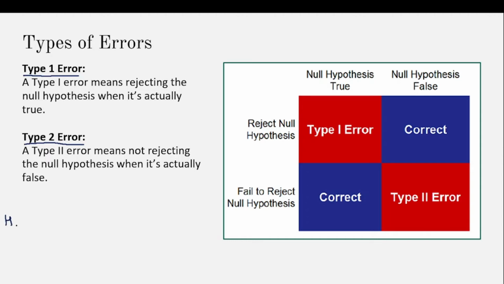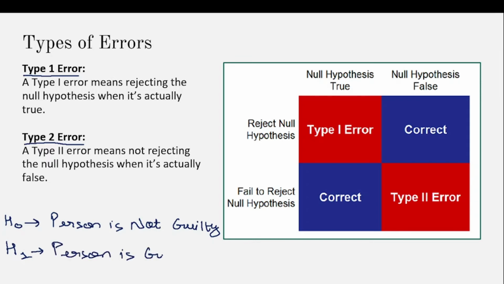I define my null hypothesis as the person is not guilty, whereas I define the alternate hypothesis as the person is guilty. Now let us consider that my null hypothesis is true. That is, in this case, the person is not guilty. So ideally, I should not reject the null hypothesis. That is, I should simply accept the null hypothesis.